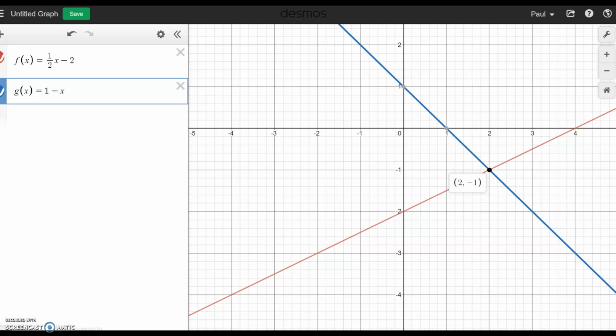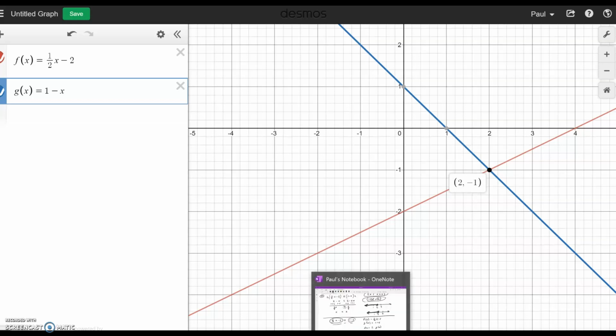So what is the answer to the question, when is this 1/2 x minus 2 function smaller than the 1 minus x function? It's smaller everywhere to the left of x equals 2. Where is it equal? At x equals 2. So where is it less than or equal to? It's less than or equal to at 2 and everything less than 2.